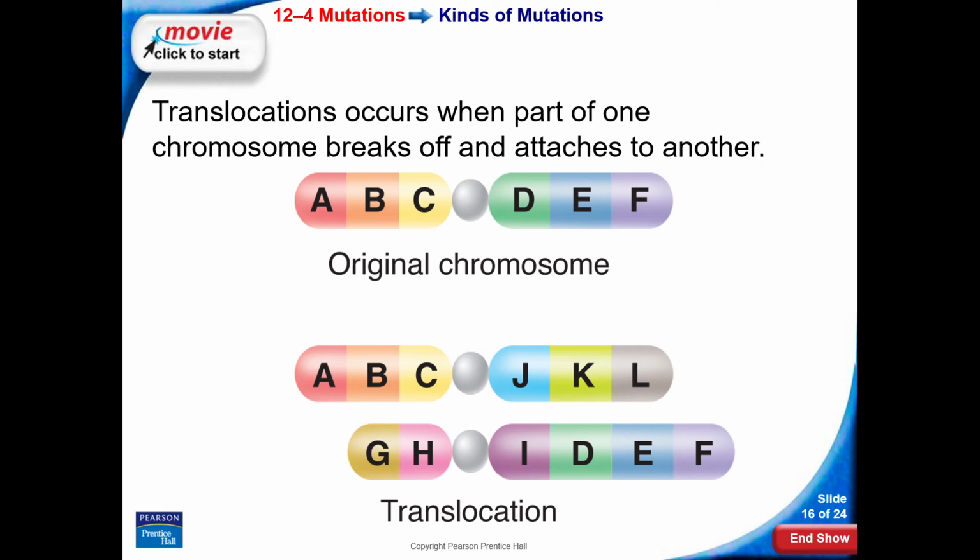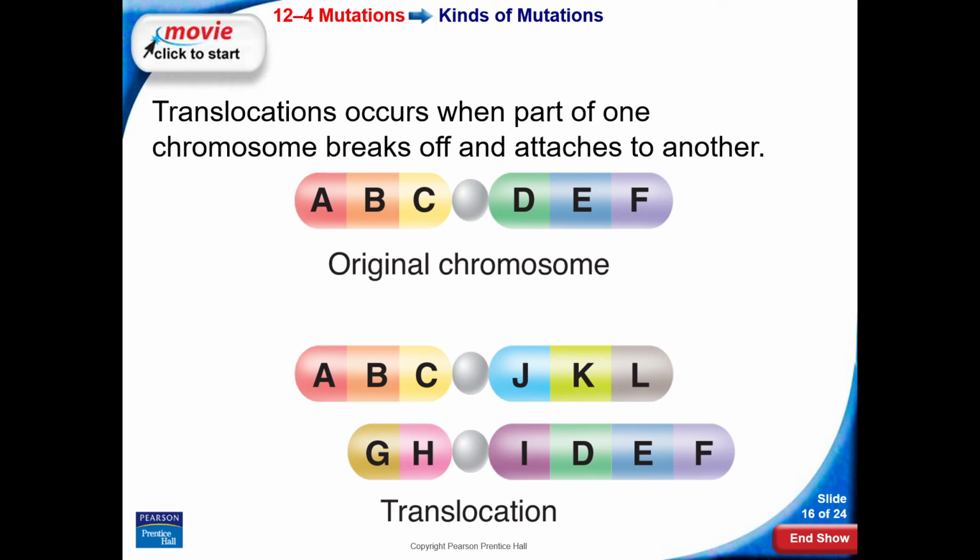The ironic part of 15-21 translocation is that it causes a disease called Down syndrome, and many people know what Down syndrome is. It causes a person to have some very characteristic physical features, as well as being mentally challenged.